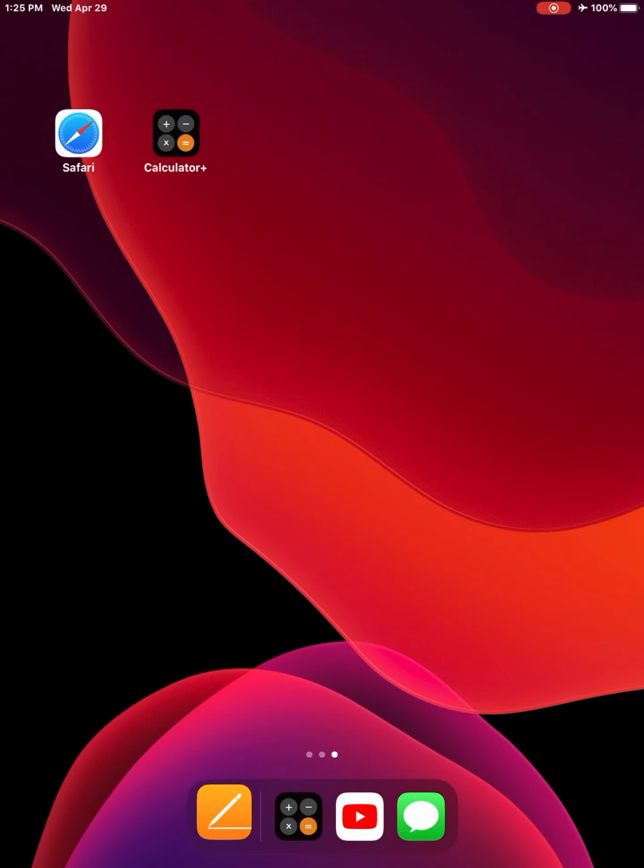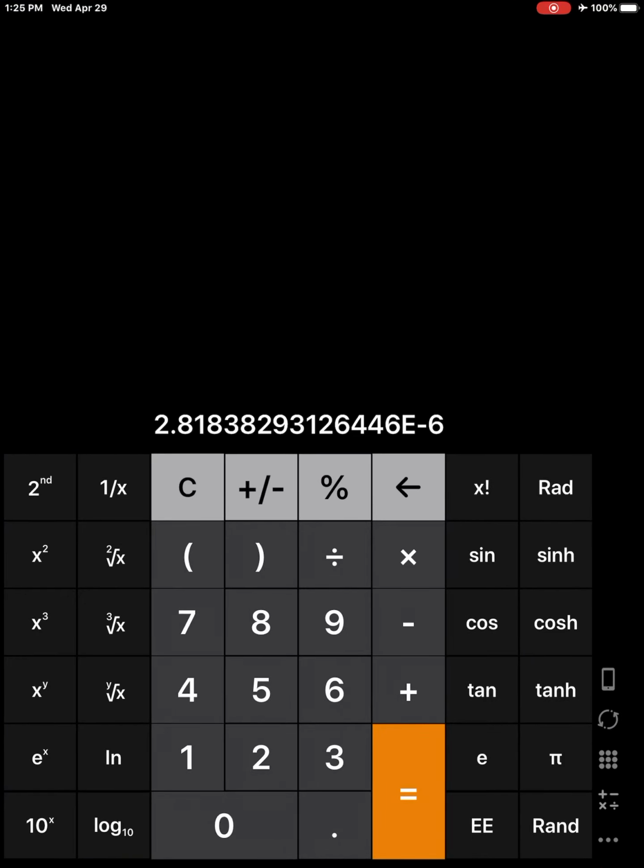So we just need to square this and divide it by 0.15 minus 2.82 times 10 to the minus 6.